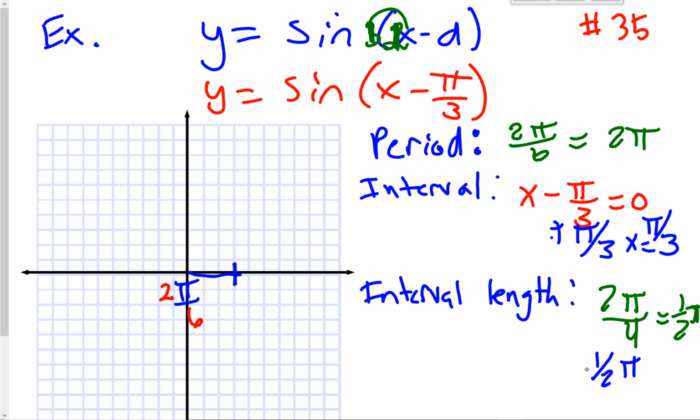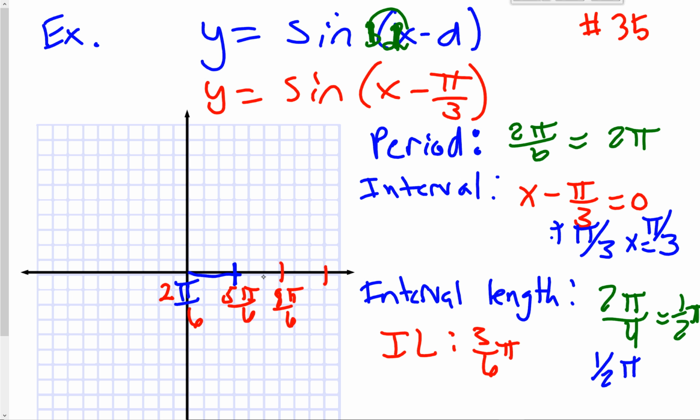And the interval length switches to, multiplying top and bottom by 3, 3 pi sixths. So I take where I start, add my interval, so that's 5 pi sixths. Add another 3 pi sixths, so that's 8 pi sixths.